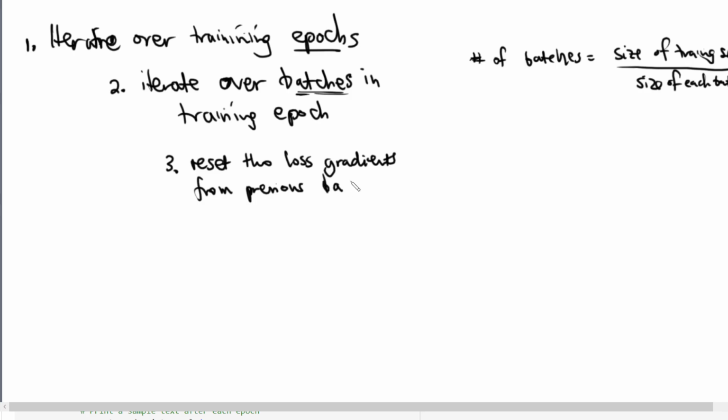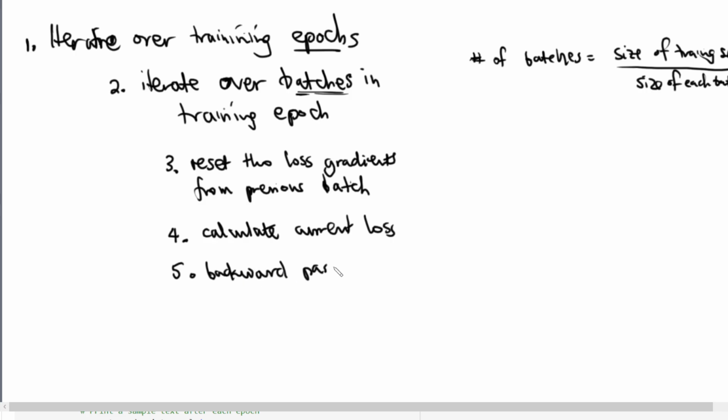After we reset the loss gradients, we are going to calculate the current loss in that current batch, and then we will do a backward pass of that current loss to calculate what are called loss gradients.